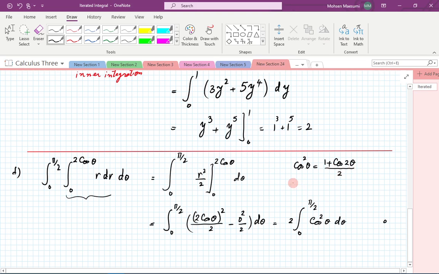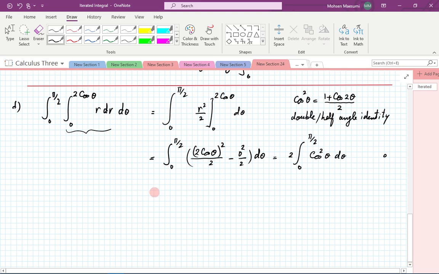So this comes under the context of the double or half angle identity. This is 2 theta, which is why they call it double, or this is half of that, that's why they call it half angle. Either way, that would be a fast way of handling this.